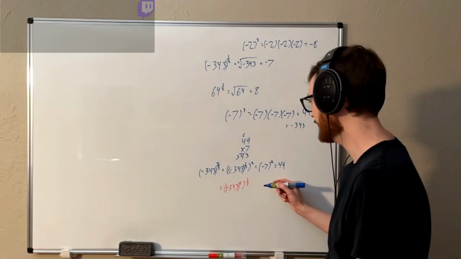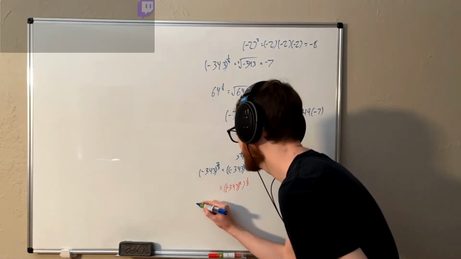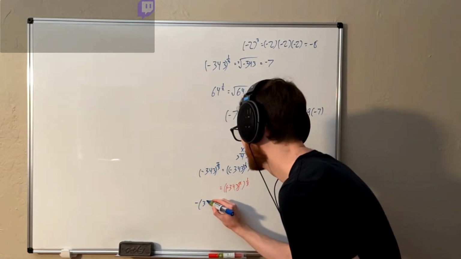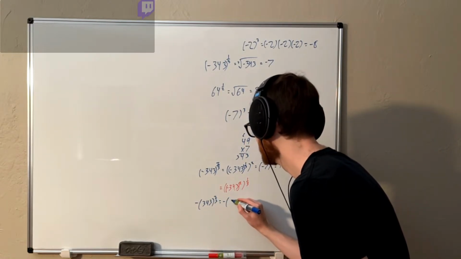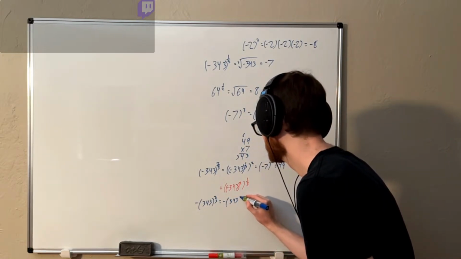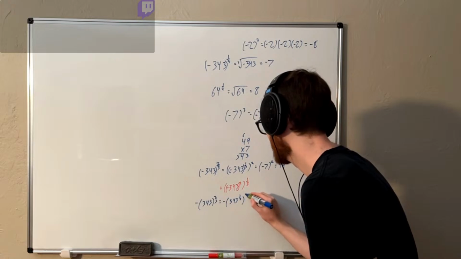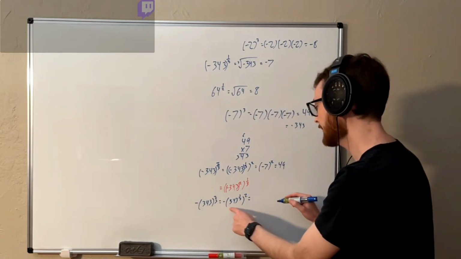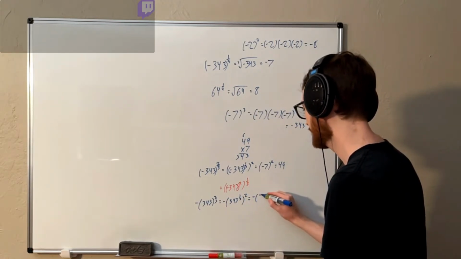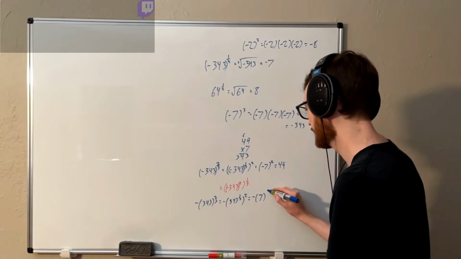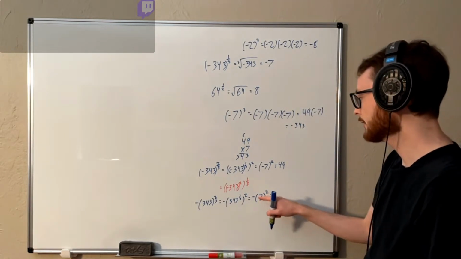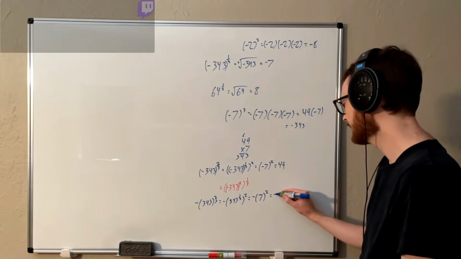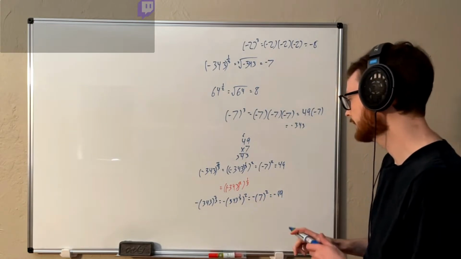If we instead had the negative sign on the outside, so I'll just repeat my work here, but with the negative sign on the outside, now the negative stays on the outside, and we get 7 squared with a negative sign in front. So we end up with a negative 49.